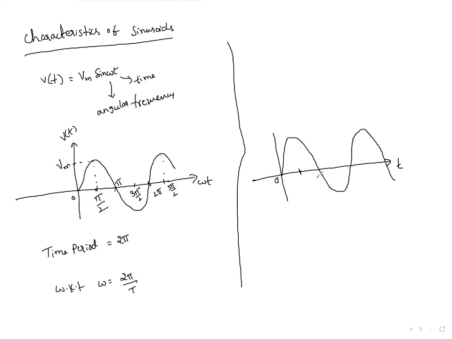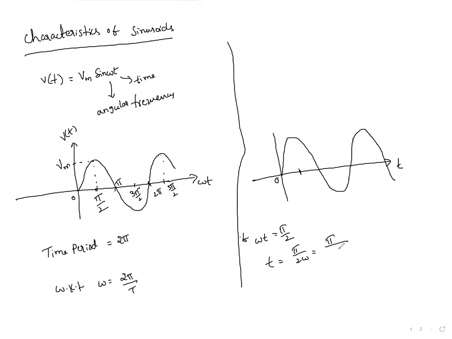Correct? Then for the time t axis, what will be this t value at this point? Since omega is equal to 2 pi by T, if omega t is equal to pi by 2, then what will be the t value? That's it.